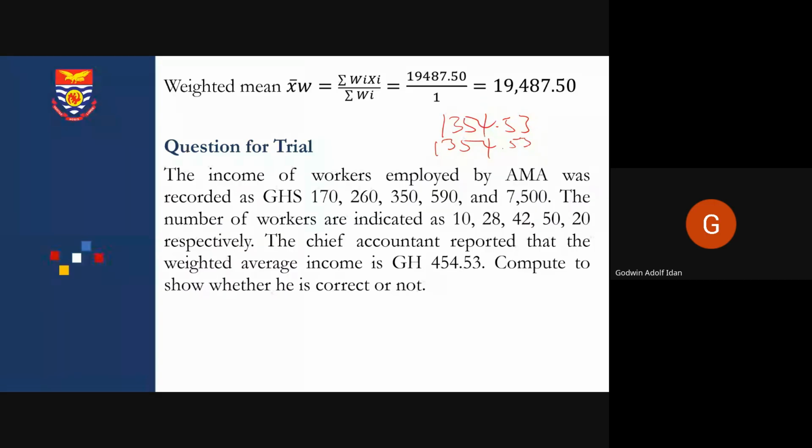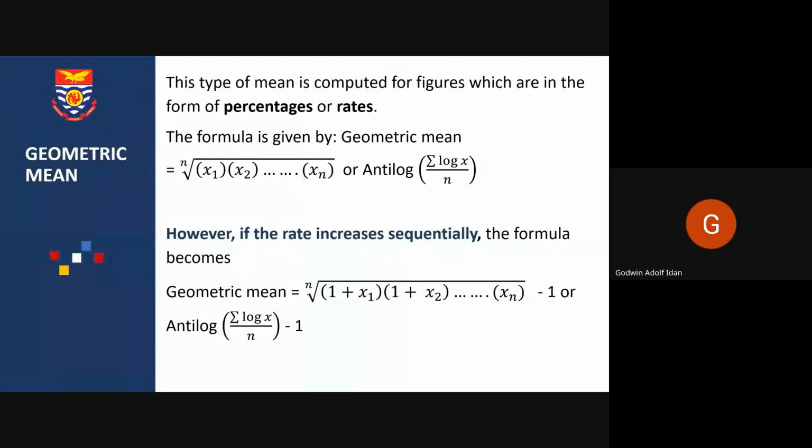All right, so let's move on to the geometric mean. The geometric mean is usually used to compute the mean, especially when we're talking about percentages and rates. So whenever the question gives you percentages as well as rates, you ignore the earlier formula.